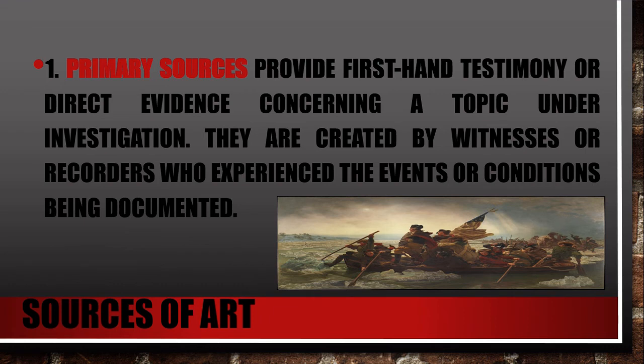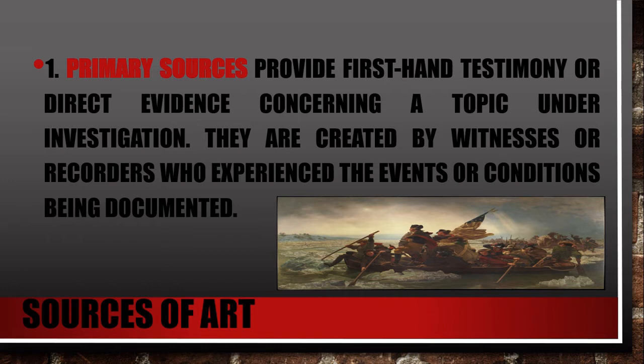So, sources of art, or sources of subject art. So we have two sources. First, primary sources. Primary sources provide first-hand testimony or direct evidence concerning a topic under investigation. They are created by witnesses or recorders who experience the events or conditions being documented.